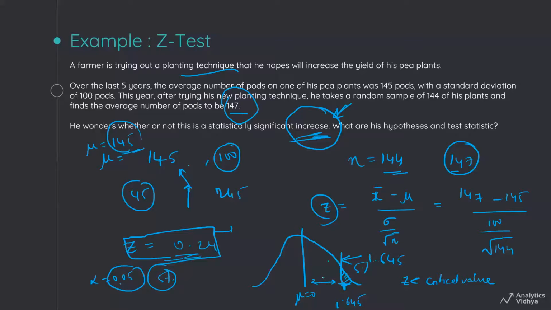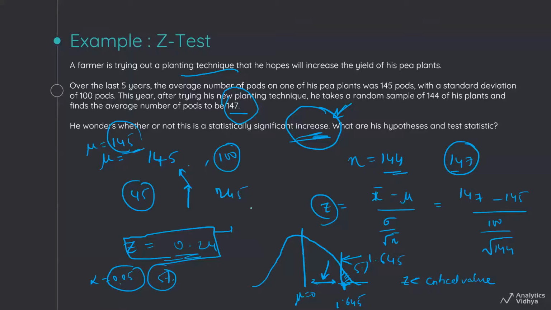Your statistics suggests that you don't have any significant increase in your average value, and since it's falling within this region, you are failing to reject the null hypothesis, which means that your planting technique is not actually working on your plants. It is just by chance that you found the average to be 147, but it is not statistically significant, right?